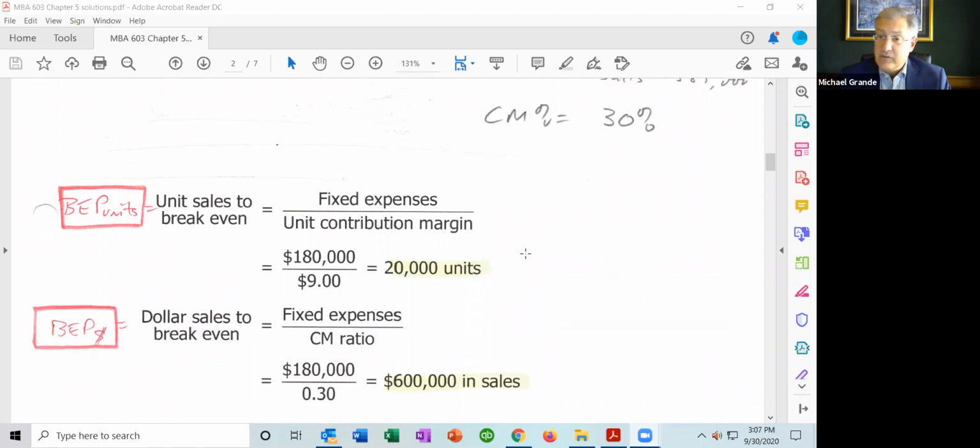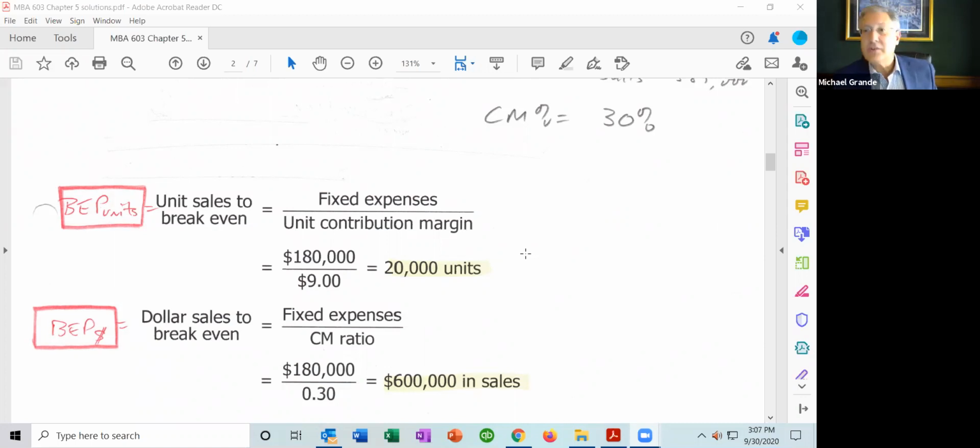You can do it the way I just said it, or you can use the formula. Break-even point in sales dollars equals the fixed cost divided by the contribution margin percentage. $180,000 given to you divided by 0.30, that's the percentage converted to a number, $600,000. Very straightforward. That's the easiest way to calculate break-even point.